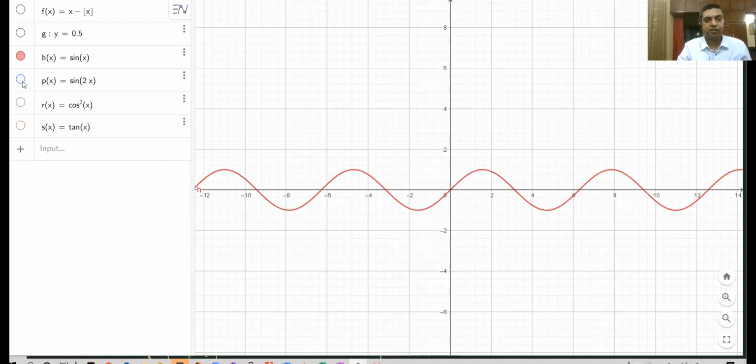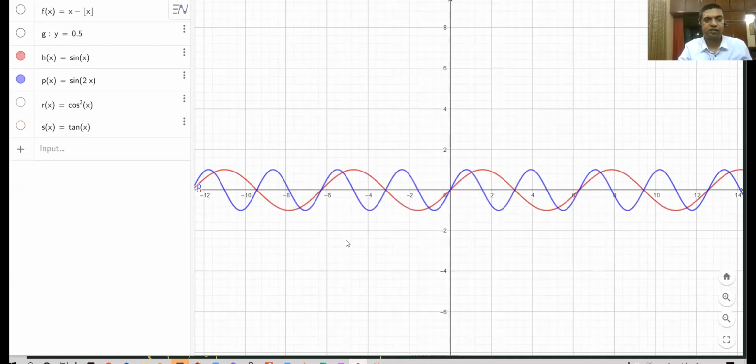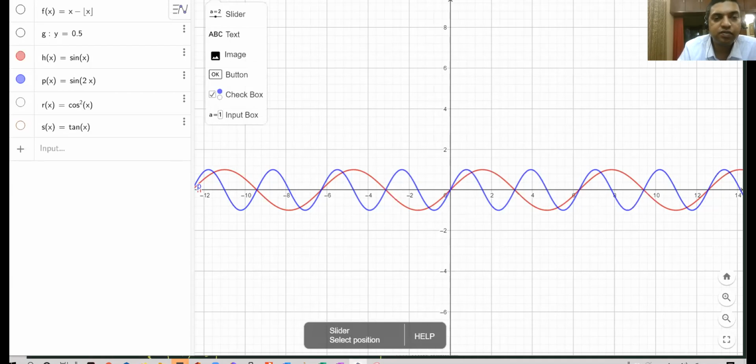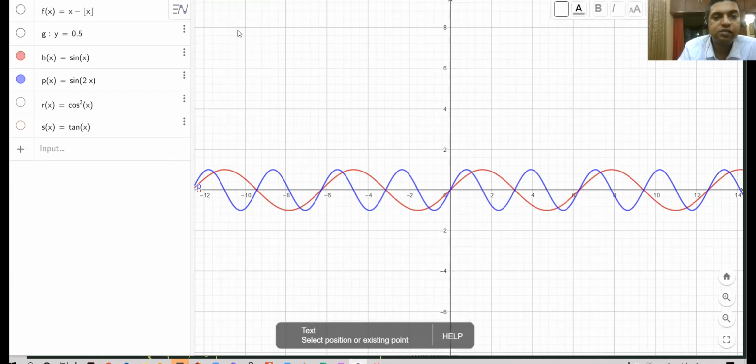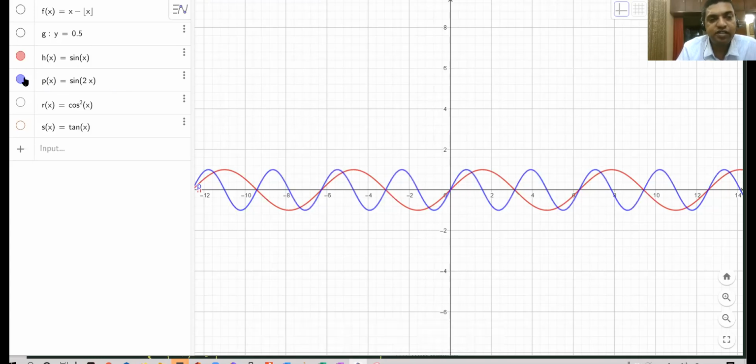Again, this is sin x, this is sin 2x. Turn off this slider. This is sin x, this is sin 2x. So what has happened?